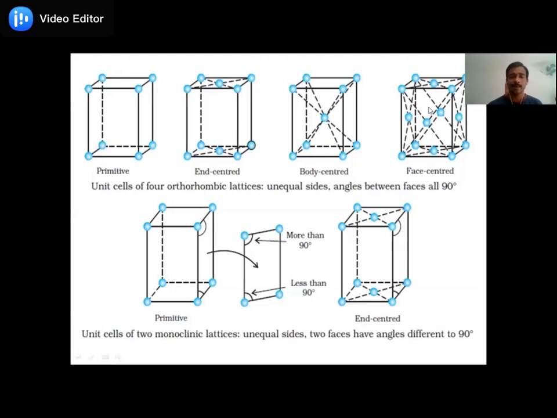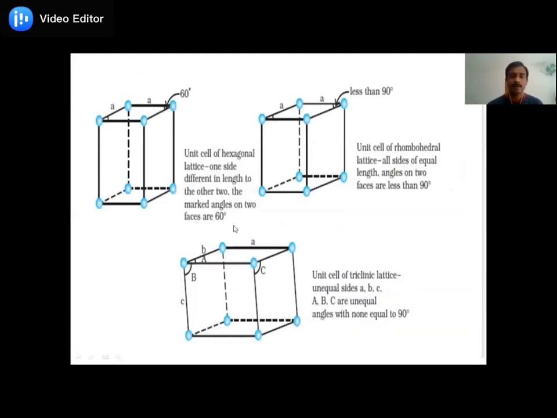Cubic 3, then we saw 2, now 4. 3 plus 2, 5 plus 4, 9. Monoclinic. There are two types, primitive and end-centered. So 9 plus 2, 11. Now it is a hexagonal lattice, only one is present, only the primitive. 12.